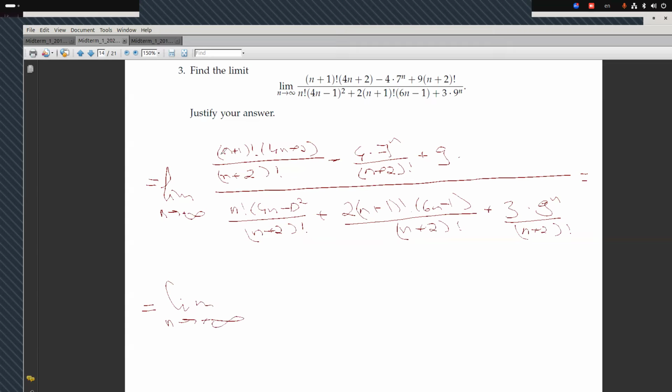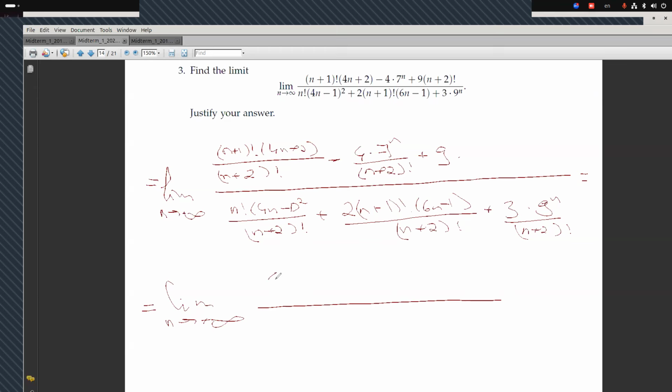What is the limit, or how can we simplify before starting? We can write (n+2)! as (n+1)! times (n+2). Perfect. So (n+2)! is (n+2) multiplied with (n+1)!, and (n+1)! can be cancelled out.